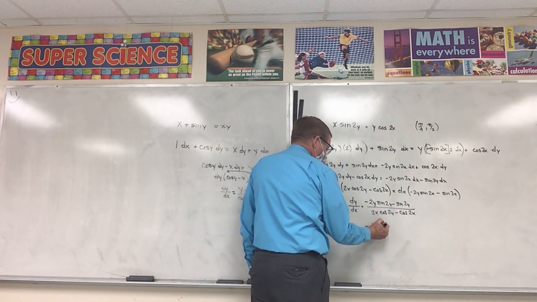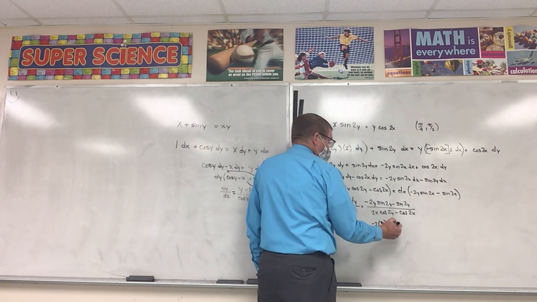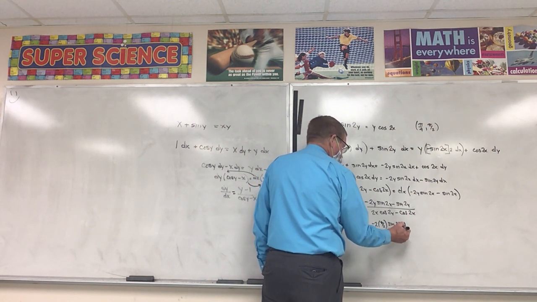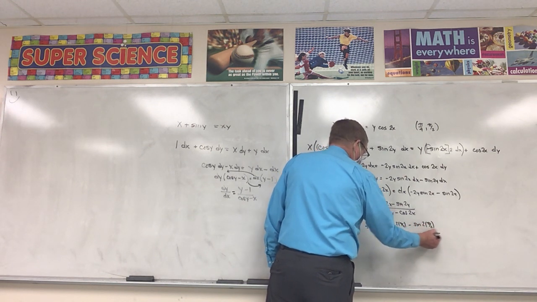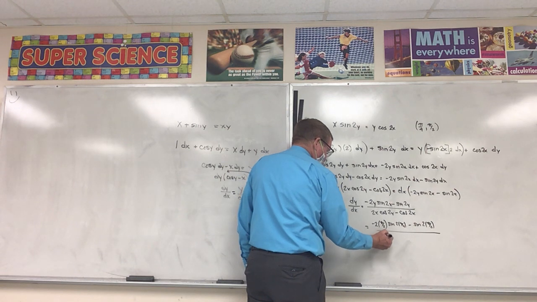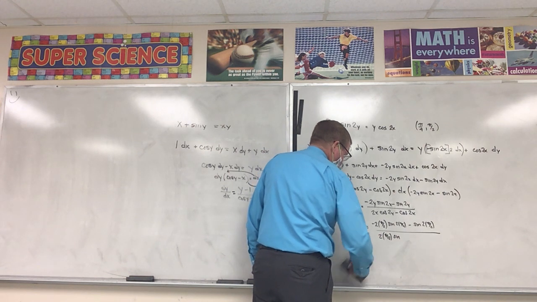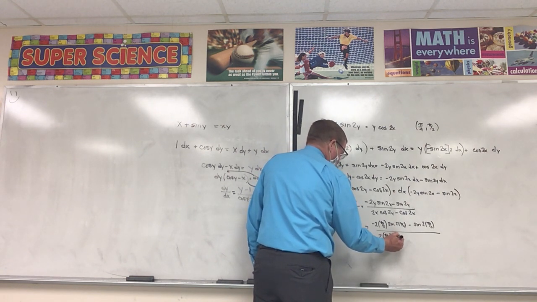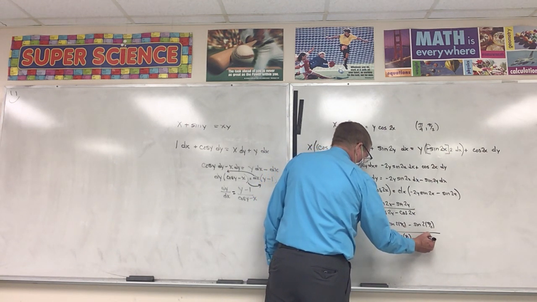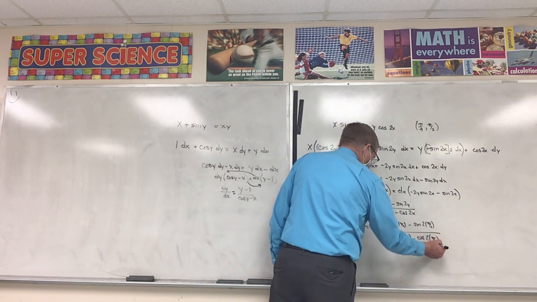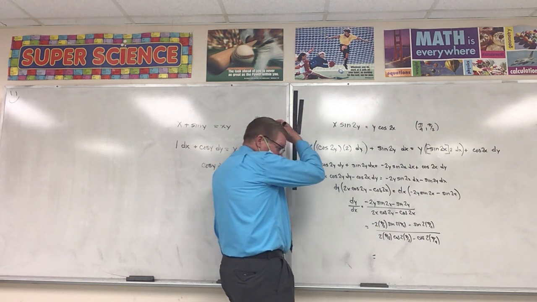Negative 2 times pi over 2 sine of 2 times pi over 4 minus sine of 2 times pi over 2, all over 2 times pi over 4 cosine of 2 times pi over 2 minus cosine of 2 times pi over 4.